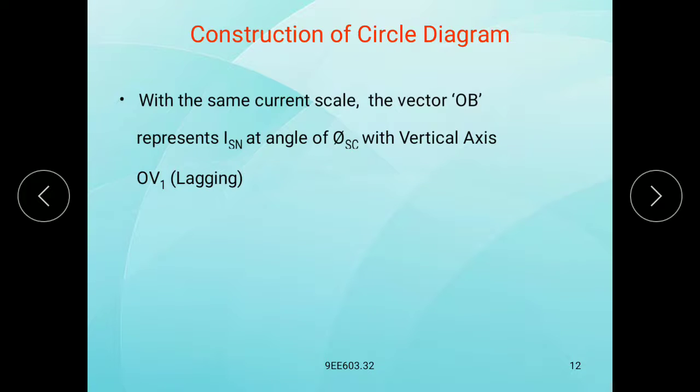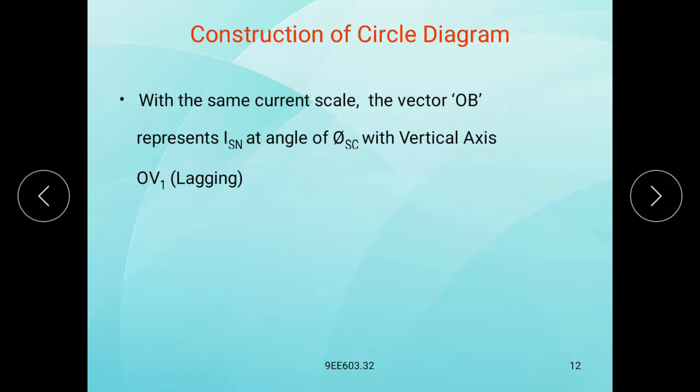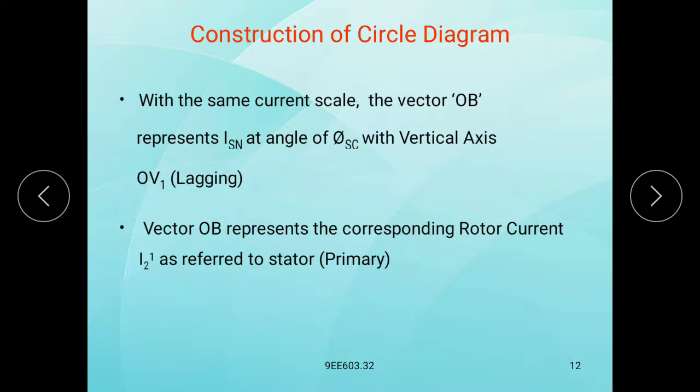With the same current scale, the vector OB represents ISN at an angle of phi SC with the vertical axis OV1, lagging. Here this is phi SC. The vector OB represents the corresponding rotor current I2 dash as referred to the stator.